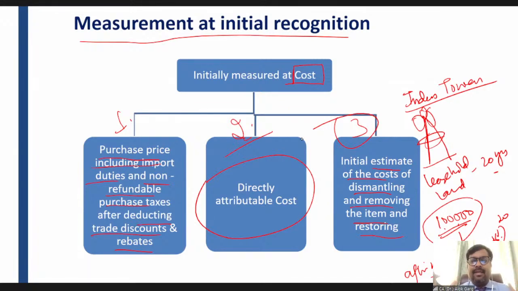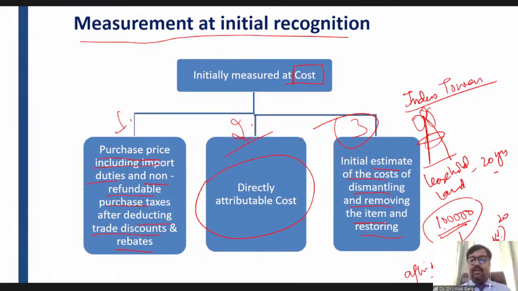Once you have capitalized it and you are just moving this machinery on a pan-India basis, it does not mean that every time you will capitalize the transportation cost. It will go to P&L, right? So like in this case, this will go to P&L, right? And if it is a major cost, you can derecognize the original cost and recognize the new cost, right? So you can take this as a major replacement, right?